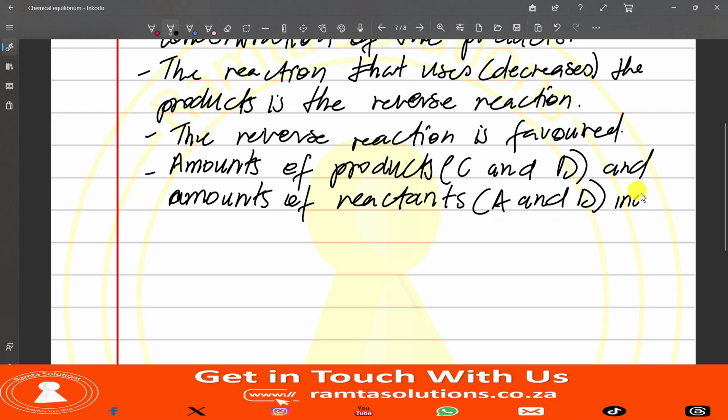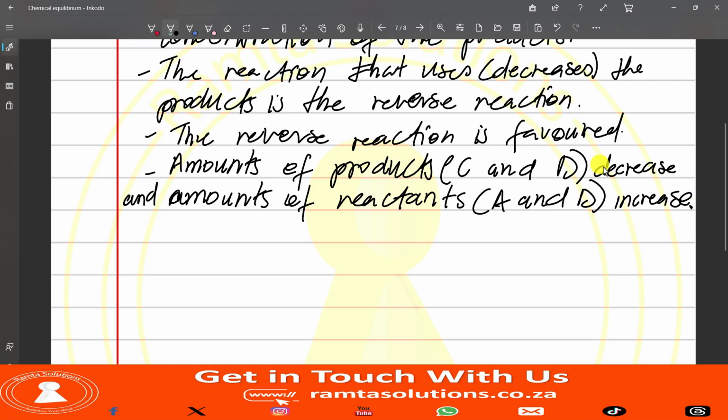They increase. Oh, I messed up here. The amount of products decreases and the amount of reactants increases.